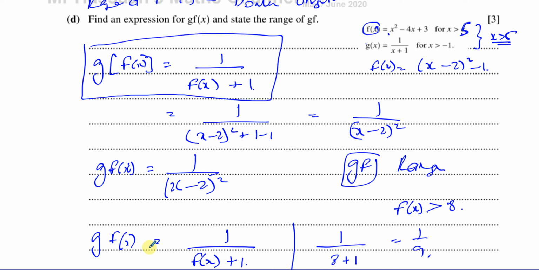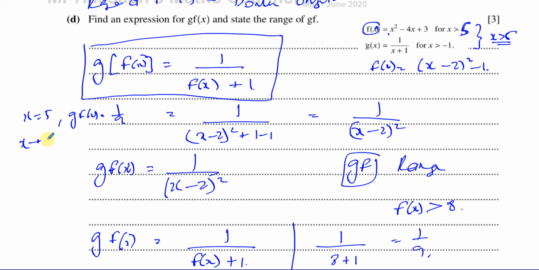So now, if I find out what happens to this when I replace the x with 5, I'm going to have 1 over 5 minus 2, which is 3, squared, which is 9. So when x equals 5, g of f of x equals 1 over 9. And now x can be infinite, can't it? It can go greater than 5 onto infinity.